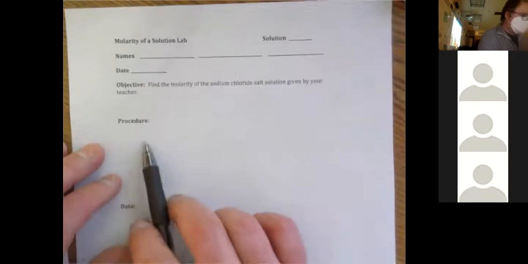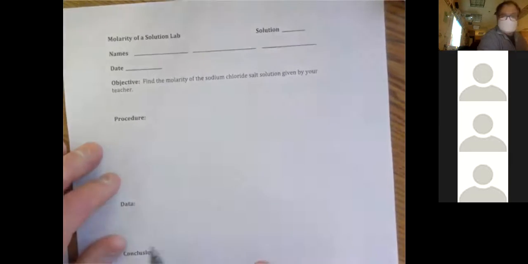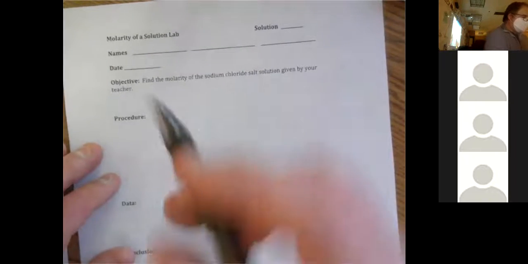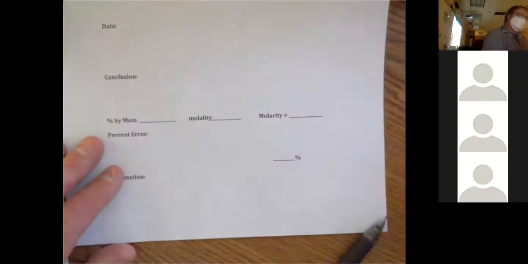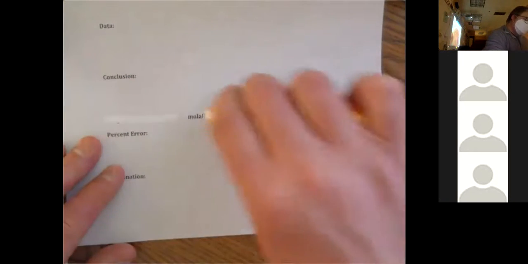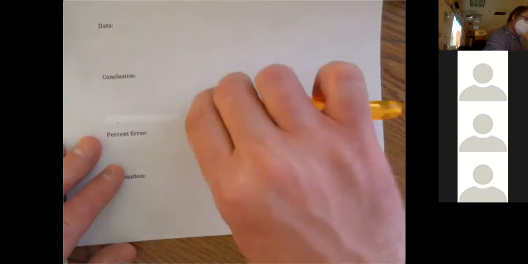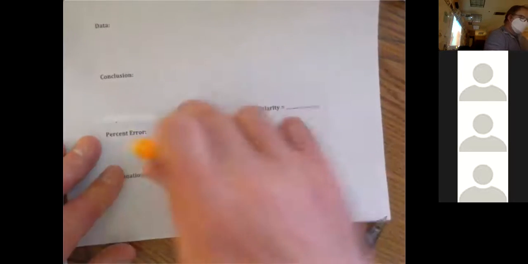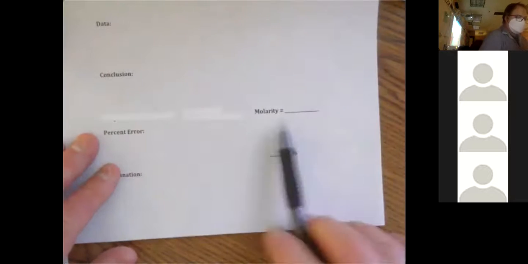So the plan is that you have a procedure written near the end of this period. So we are going to change it up a little bit. I'm not worried about the percent mass this go round, and I'm not worried about the molality. So all we are going to find is the molarity. I'm going to flip this over for some key notes.